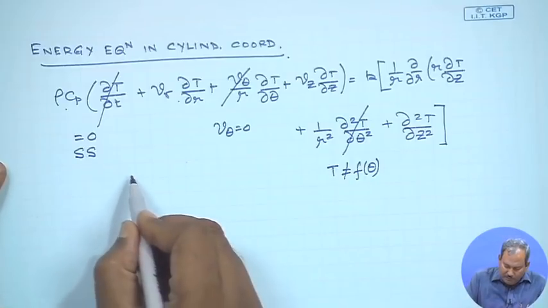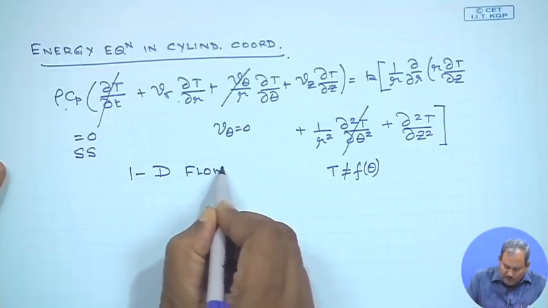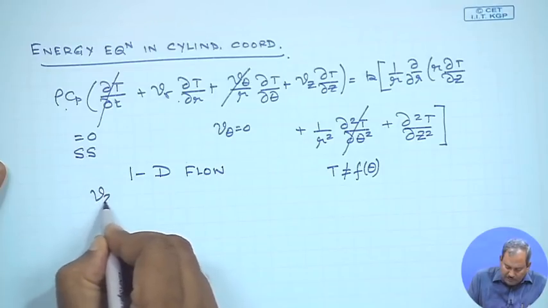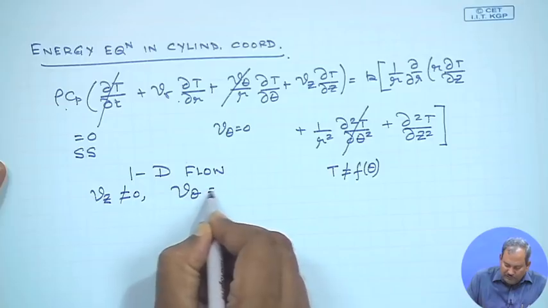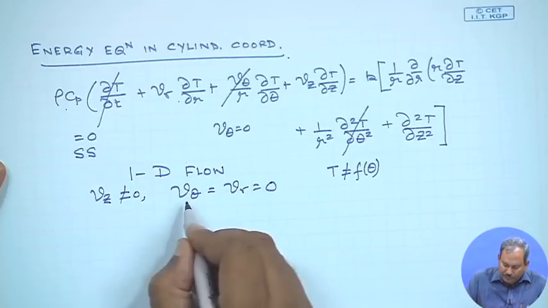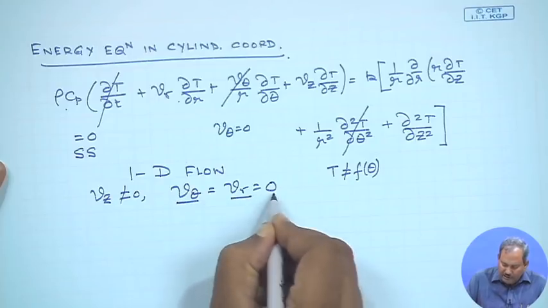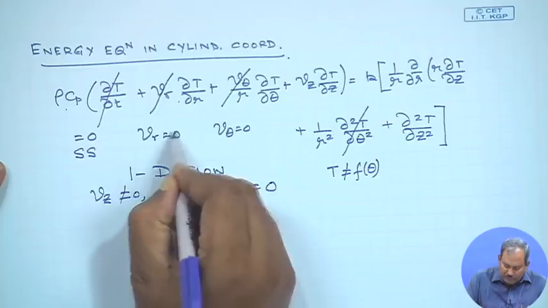Now, if you remember, we have assumed this is a one dimensional flow. So, by one dimensional flow, as I mentioned before, Vz is not equal to 0, but both V theta and Vr are equal to 0. So, since V theta and Vr are both equal to 0, this term would also be equal to 0.